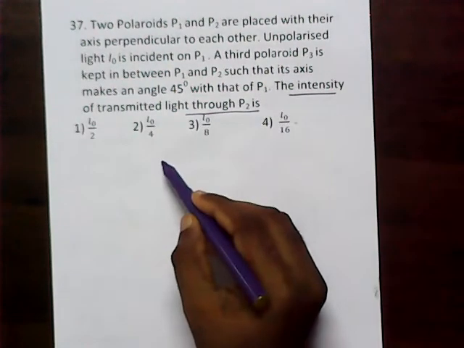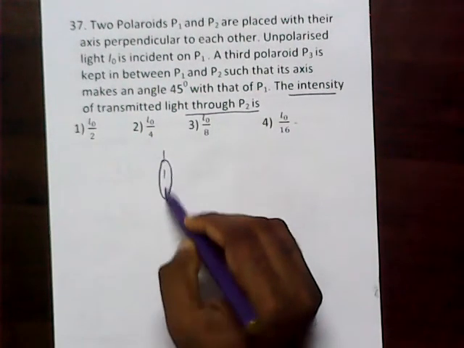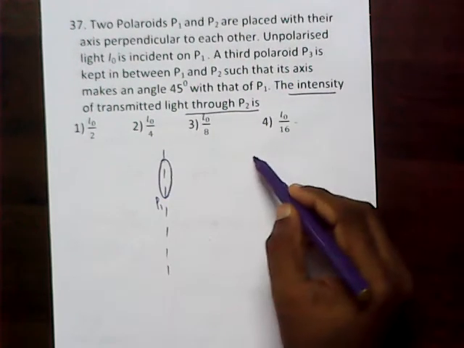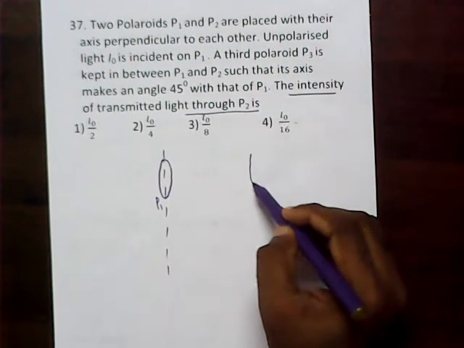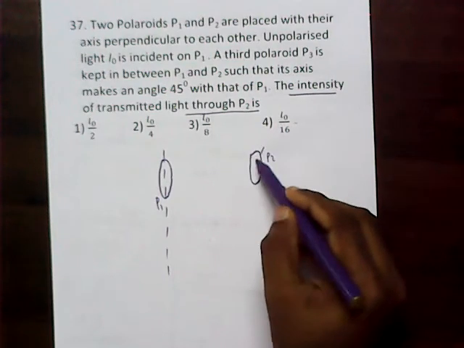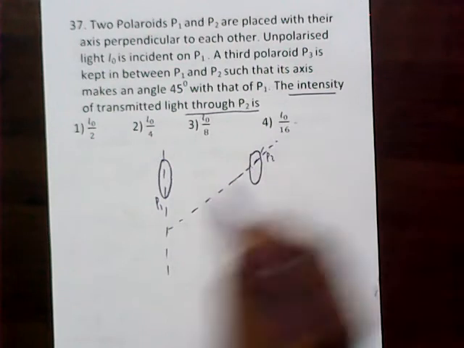Here three Polaroids are there, P1 and the next one P2, and their axes make an angle of 90 degrees.